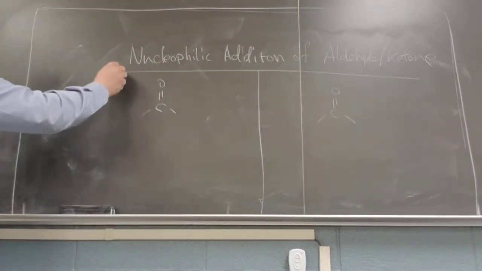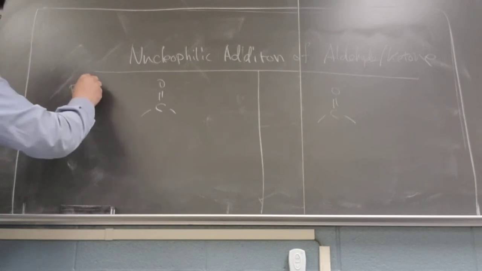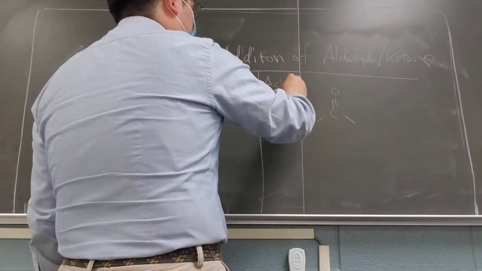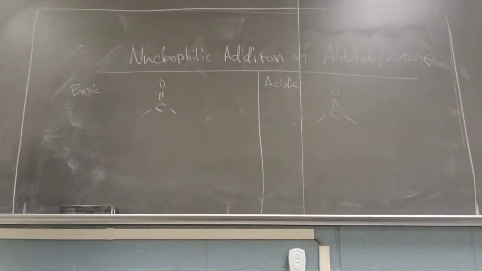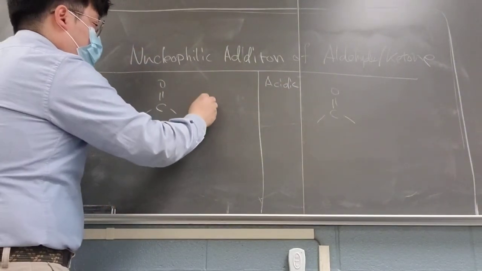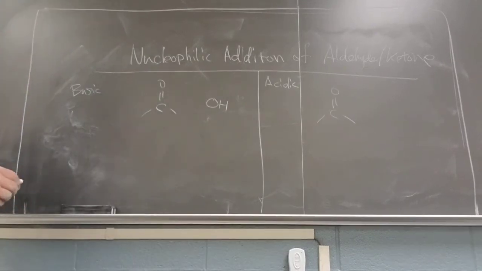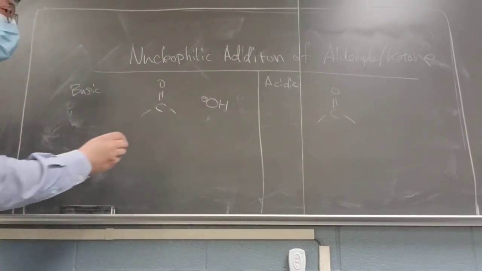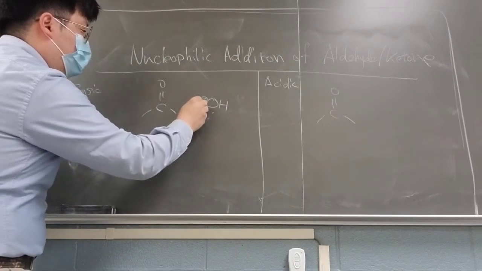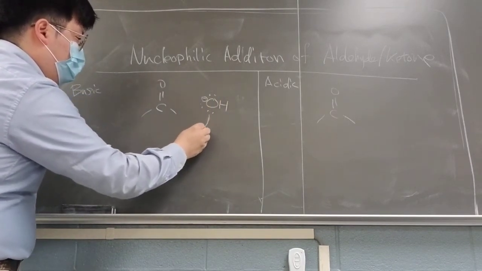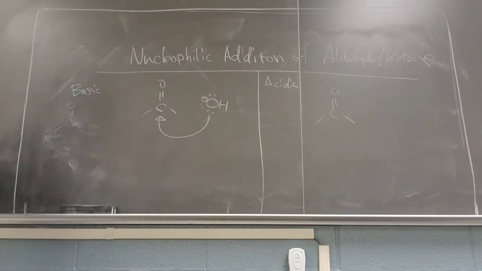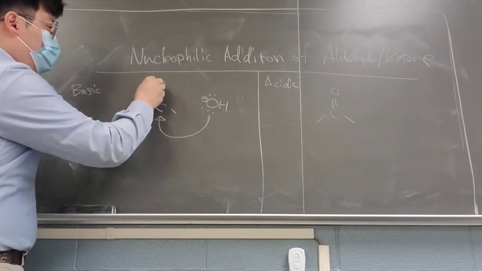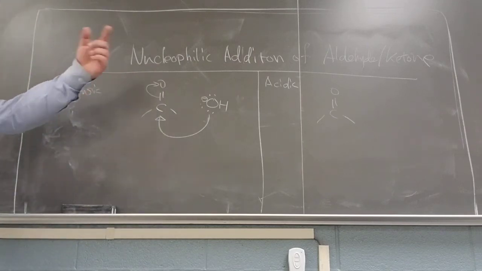We can discuss it in basic conditions, and we can also discuss it in acidic conditions. Obviously in basic conditions, you have a lot of the hydroxide anion. Whenever you have a hydroxide anion, there are 3 lone pairs, and one goes to attack this carbon, which is electron density poor, and this one actually goes to this one. So it's a push and push.